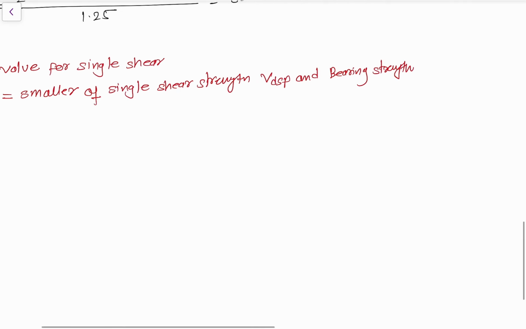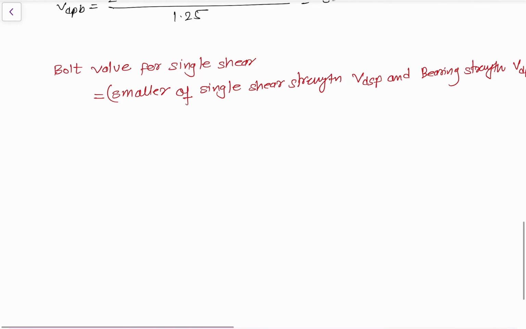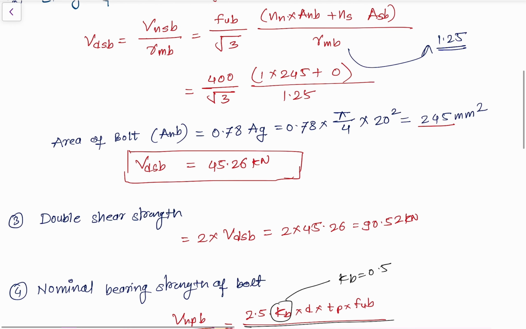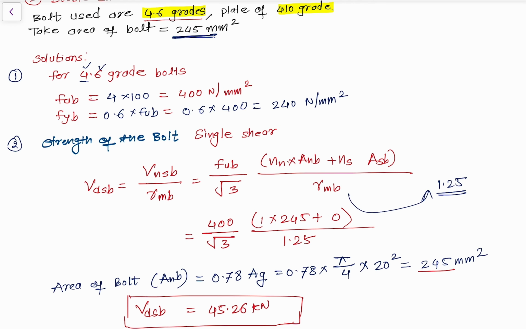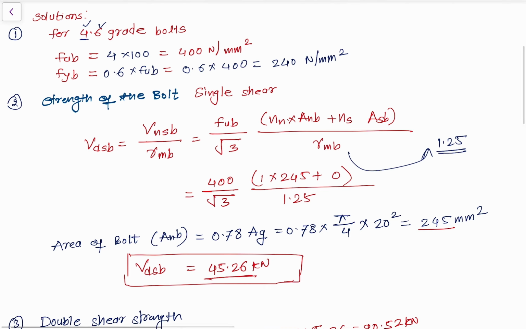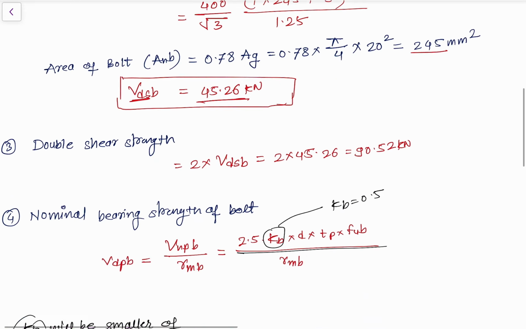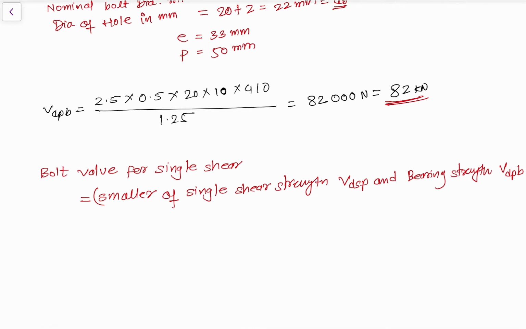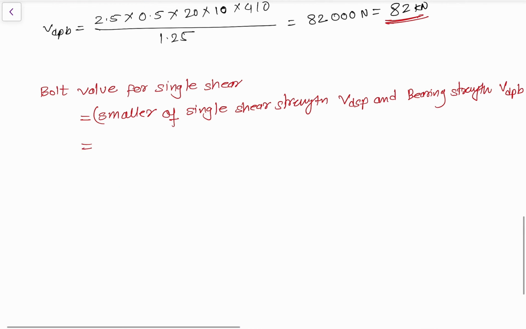Remember, among both of these, whichever value is smaller, that is your bolt value for single shear. VDPB here is 82, and VDSB we calculated for single shear was 45.26. So we are comparing VDSB, which is 45, and VDPB, which is 82. Which is smaller? 45.26. So this is 45.26 kilonewton. This is your first answer.